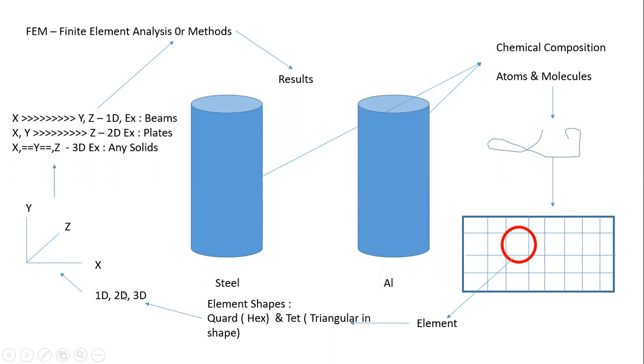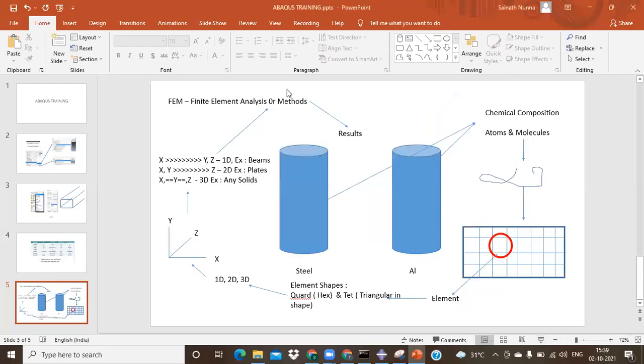And these elements also can be in the form of 1D, 2D, and 3D. Based upon your geometries, you can decide when to go with the 1D, when to go with the 2D, when to go with the 3D. And then finally, you apply your methods on it and get the results. This is how it goes for any kind of program, for any kind of assumption.